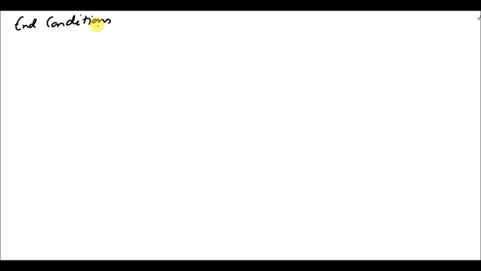So there are two end conditions that we have to apply. One is for the start of the line, where x is equal to L. Just to remind you, x is the distance from the receiving end.